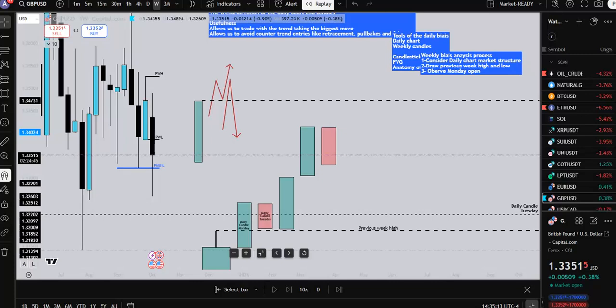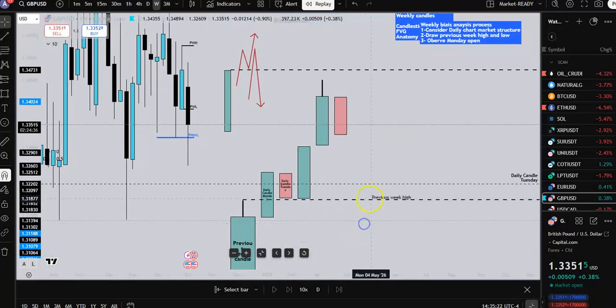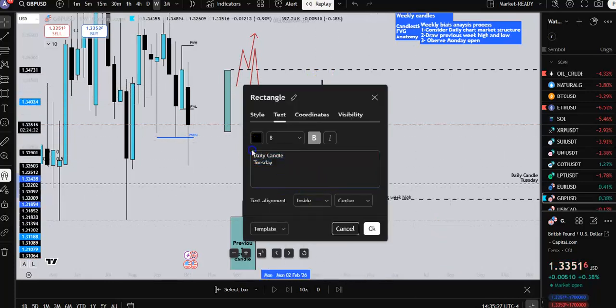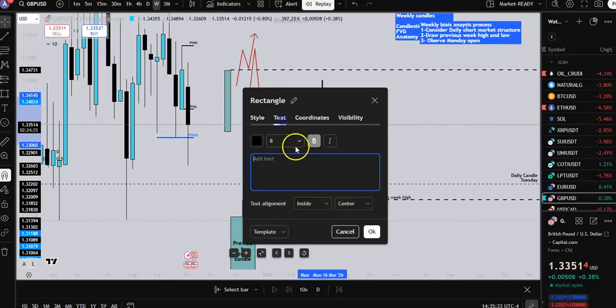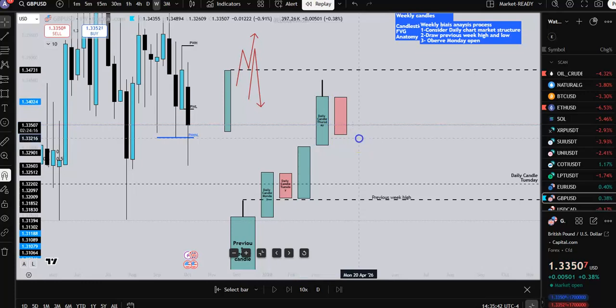And if we want to draw, so we print the high of the week on Thursday, and we retrace on Friday.